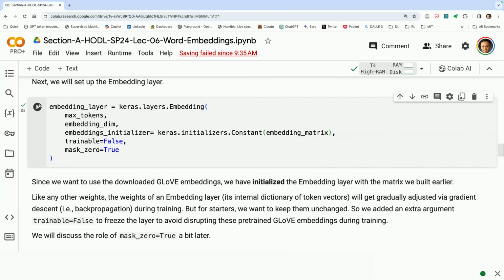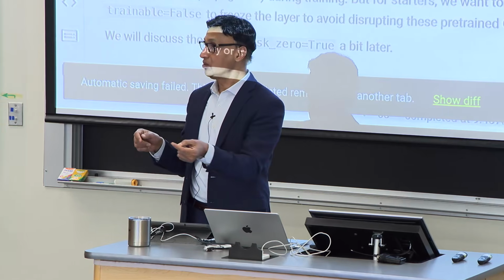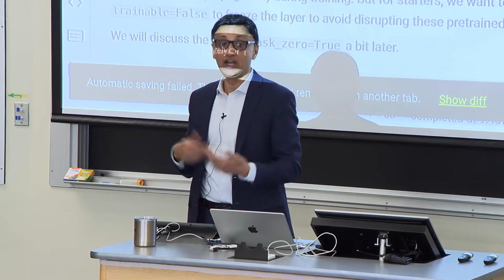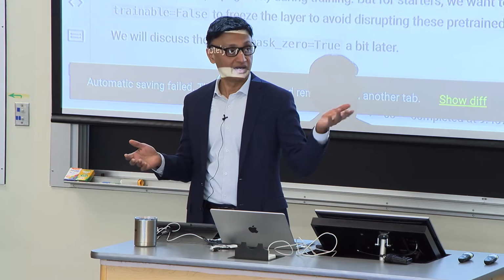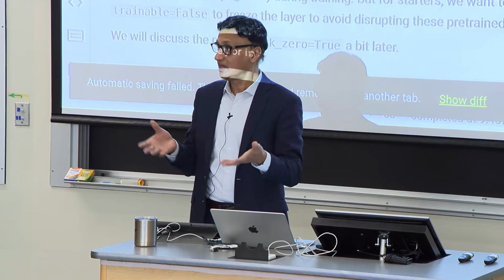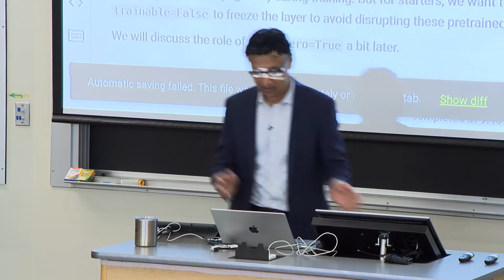So basically what's going on here is, we tell the embedding layer how many rows, which is just the vocab size, max tokens. What is the embedding dimension? Well, that's going to be 100 because the GloVe vectors are 100. And then here's the thing. You can tell the embedding layer, just use this matrix I'm giving you as the embedding layer, because we already know what the embeddings are. We downloaded them from GloVe, right? So we tell it to use GloVe as the weights here, as the embeddings here.